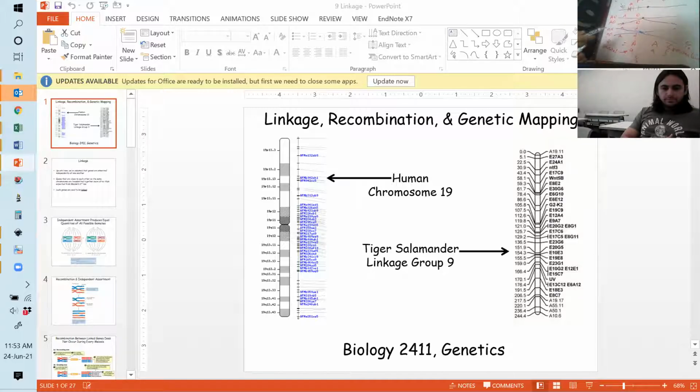So now we have 3 times the probability that recombination will occur between these two genes. What's the probability of recombination now? If one of these units is 1%, they're now 3 times further apart. Yay, 3%.